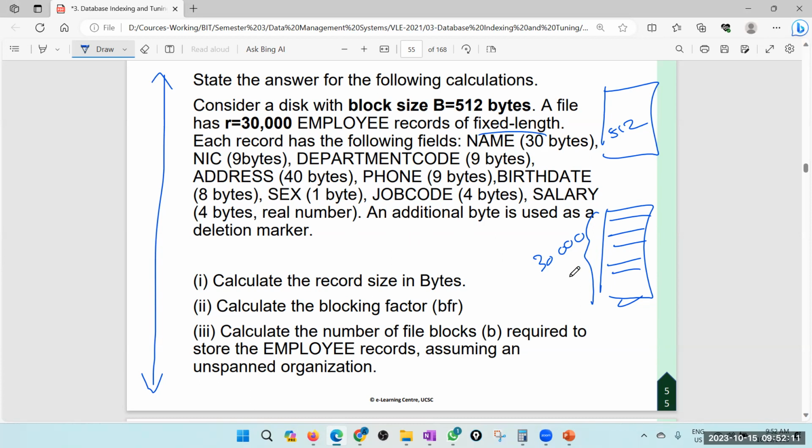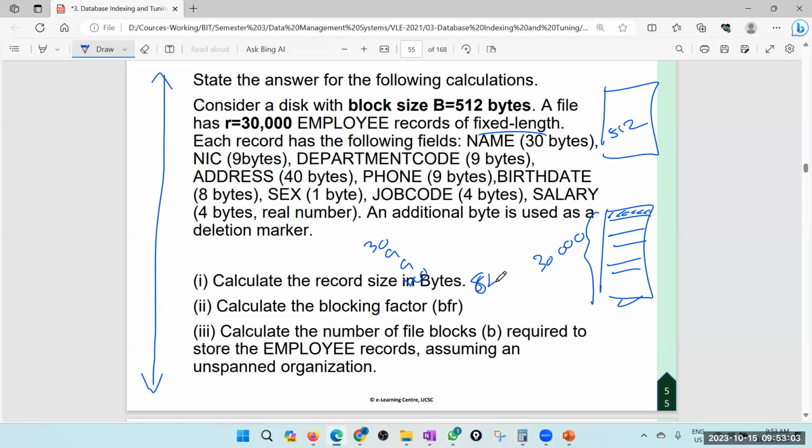So that means you have to calculate the size of one record, that is 30 plus 9 plus 9 plus 9 plus 8, 36, 40, 44, then we have another 40 here, 84. Okay. So one record is 84 byte.